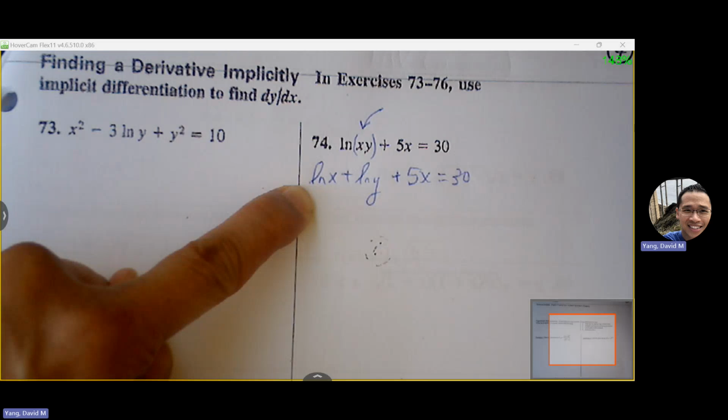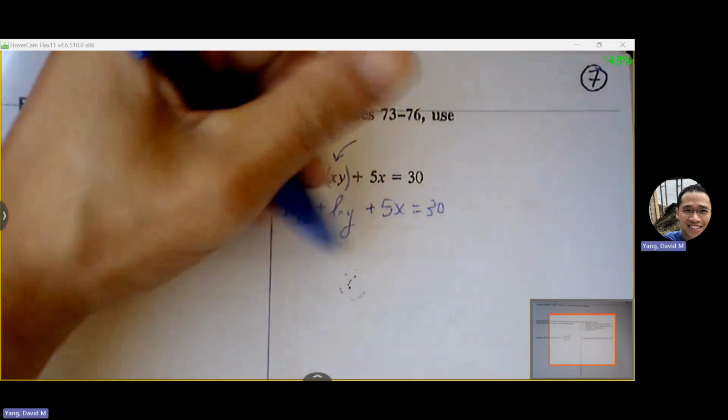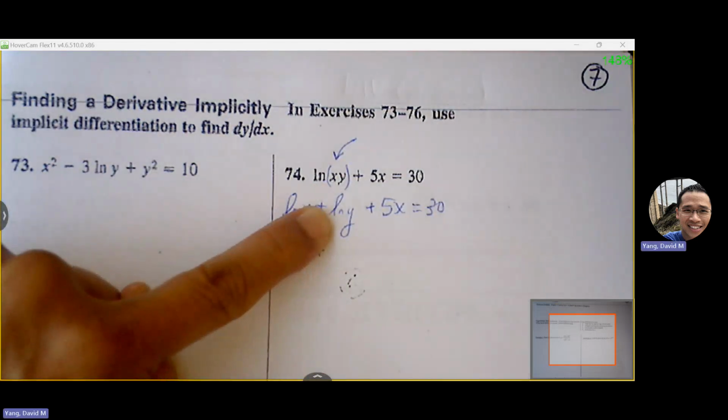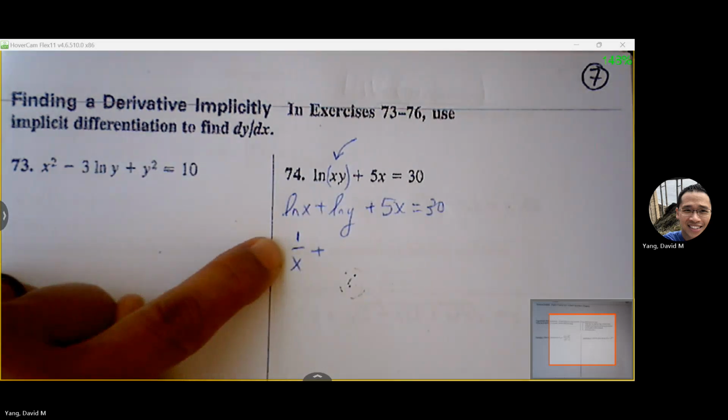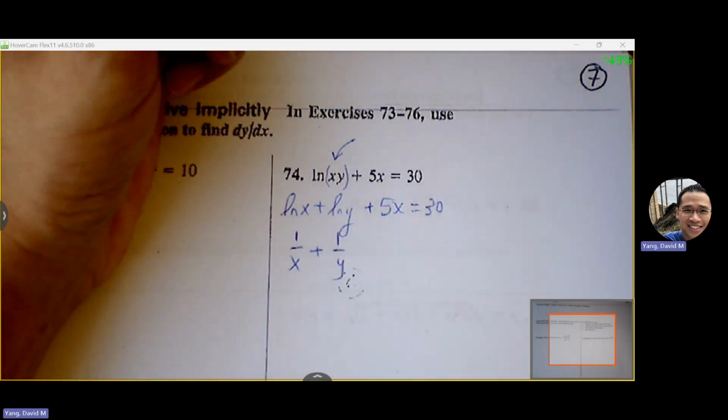What's natural log of x's derivative? u prime over u, right? So just what? 1 over x. What's natural log of y's derivative? 1 over y, but we're asking for y's derivative, so we need to include what? dy/dx.